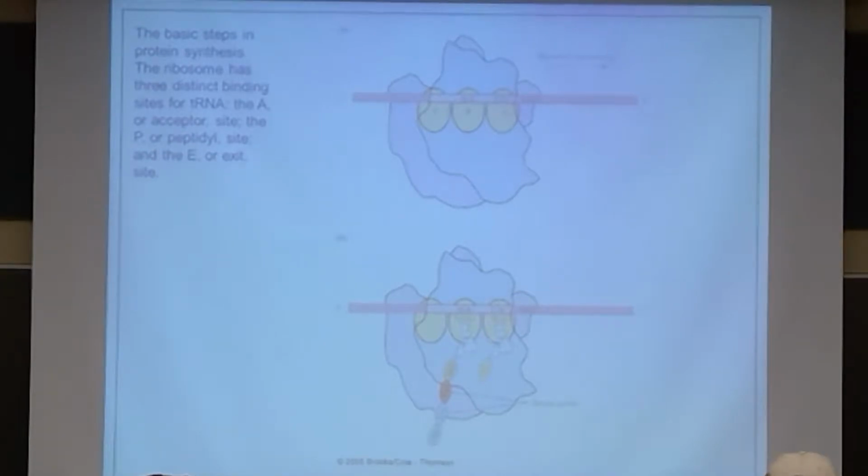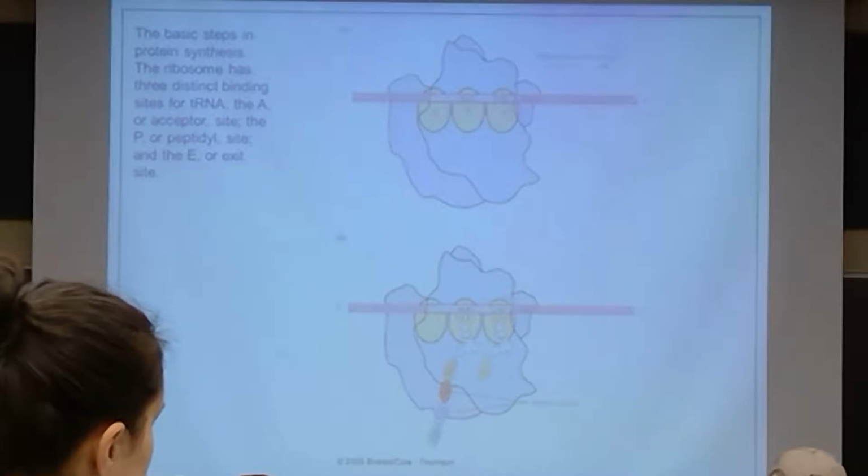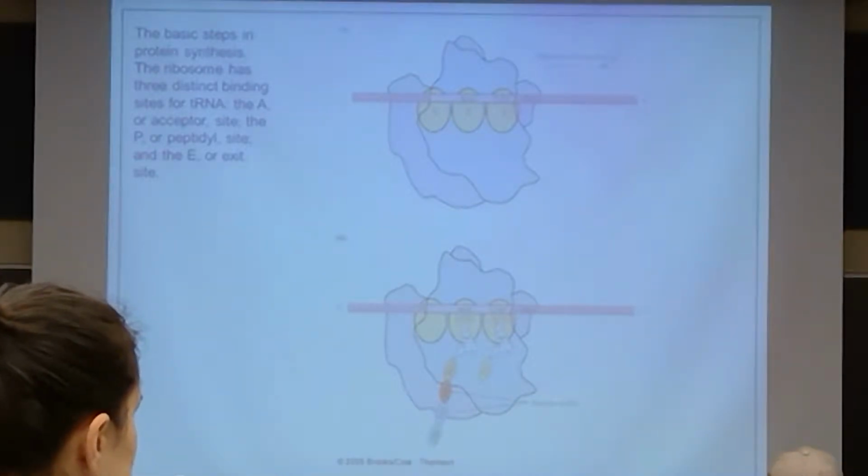So basically, these two amino acids are connected, and the ribosome moves, and the protein exits by the exit channel. Okay. So A is the acceptor site, P is the peptidyl site, E is the exit site, and you can see.